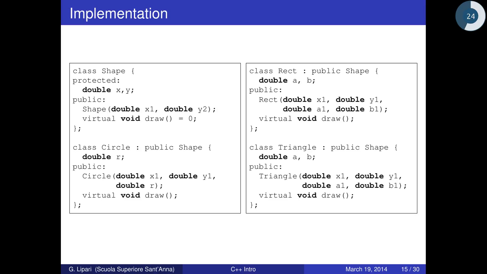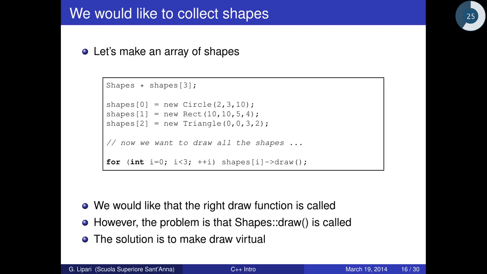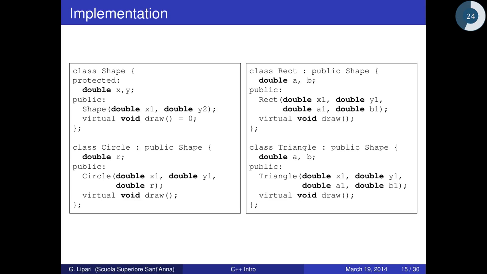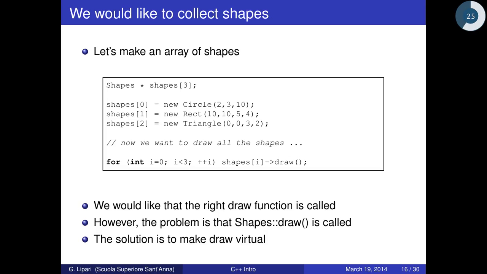However, this is not what I want. What I would like to have is that the specific draw function for the specific classes is going to be called. Okay? Now, for doing this, C++ allows you to put the keyword virtual in front of the function declaration. And what this actually means is that the compiler should not call the draw function defined inside class shape, but it should call the draw function defined in the actual object the pointer points to.